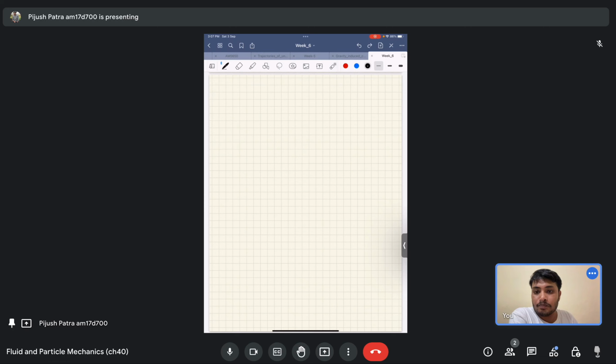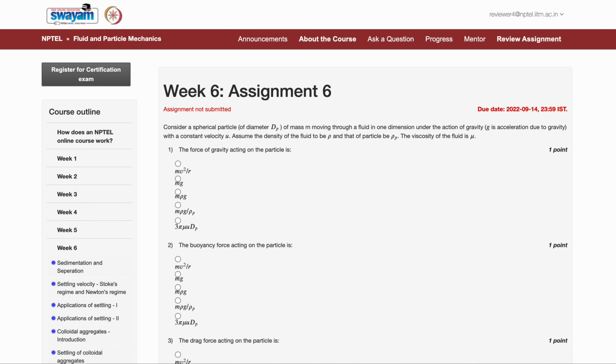Okay, so what it says is: consider a spherical particle of diameter dp. Let me draw a spherical particle.